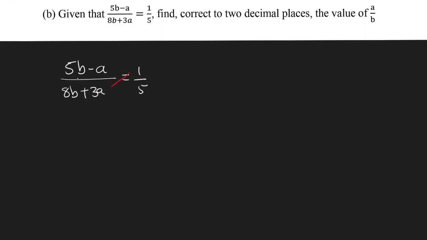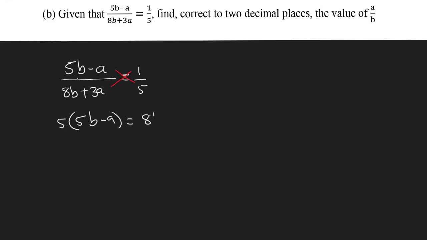Cross multiplying, we're going to have 1 multiplied by 8b plus 3a. Then 5b minus a multiplying 5, so it's going to be 5 into 5b minus a. This multiplied by 1 is the same thing as that, because anything multiplied by 1 is the same number.